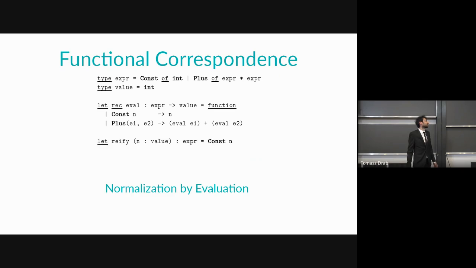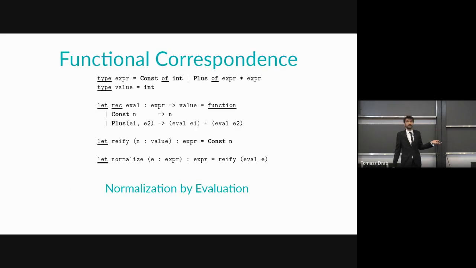And that's all. We can also reify back a value to an expression. So the whole process can be called normalization because we can obtain this way a canonical expression that has the same value as the input. And the normalization is just the composition of evaluation and reification.